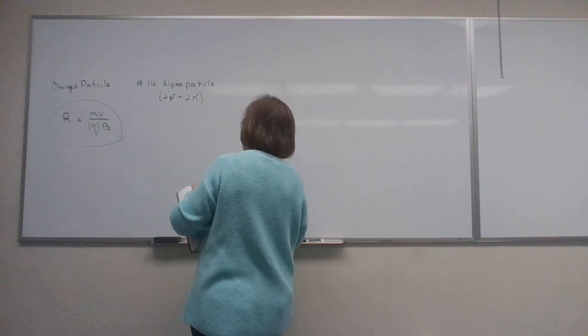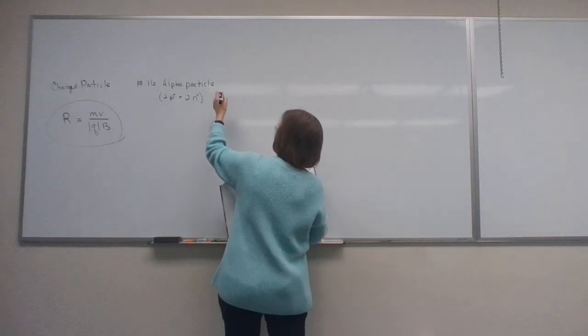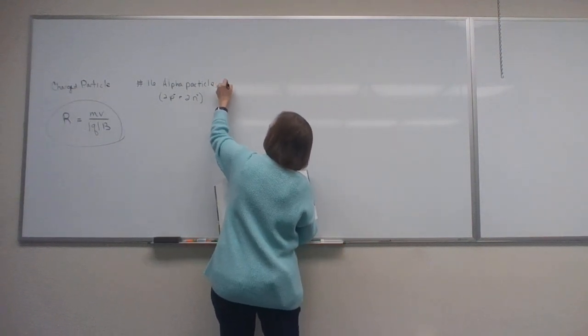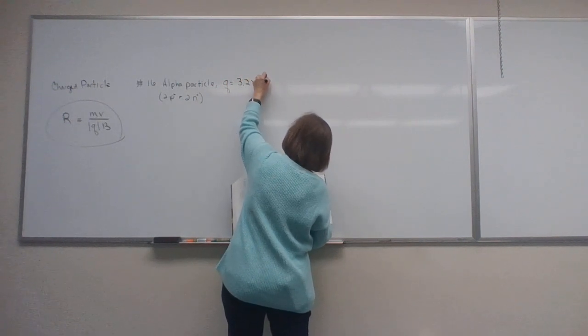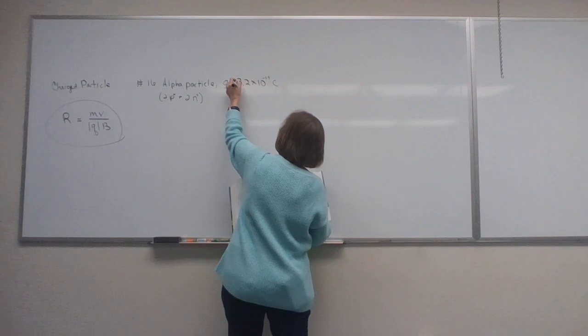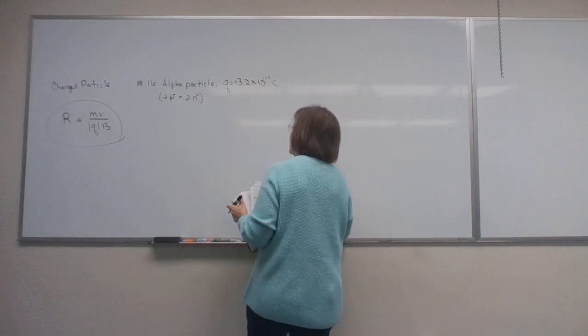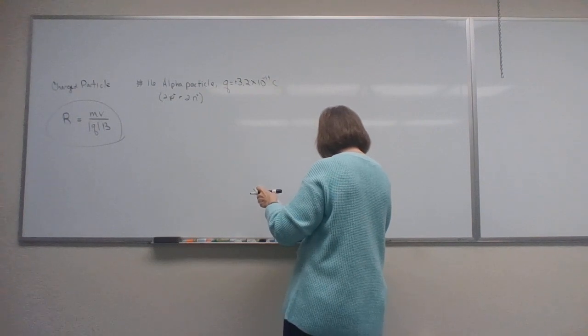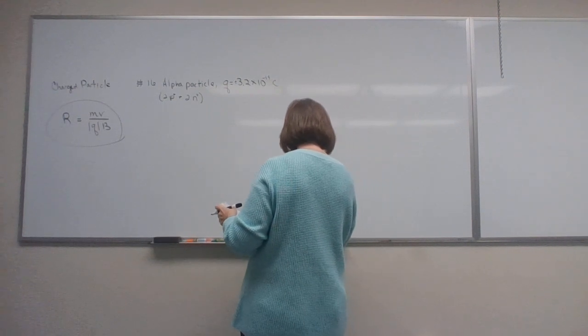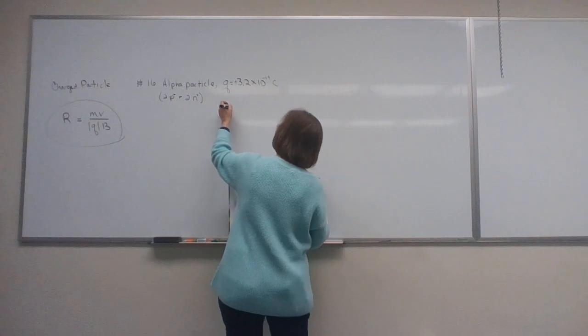So its charge is double that of an electron. So it has a charge of 3.2 times 10 to the negative 19 coulombs, and it's positive. If we need the mass, they give us 6.64 times 10 to the negative 27.